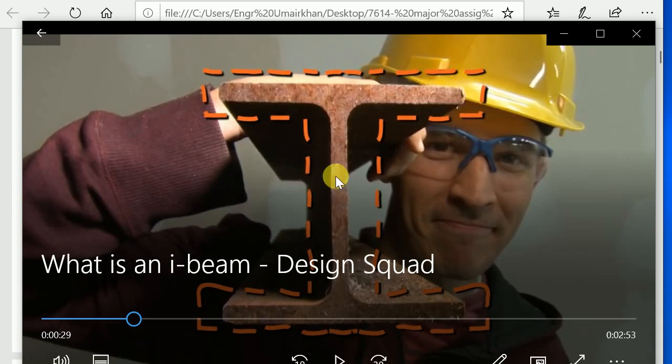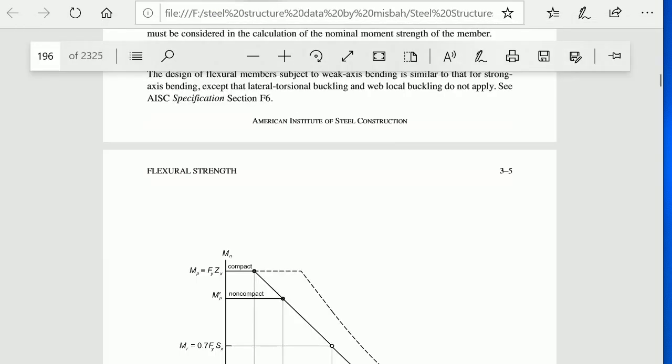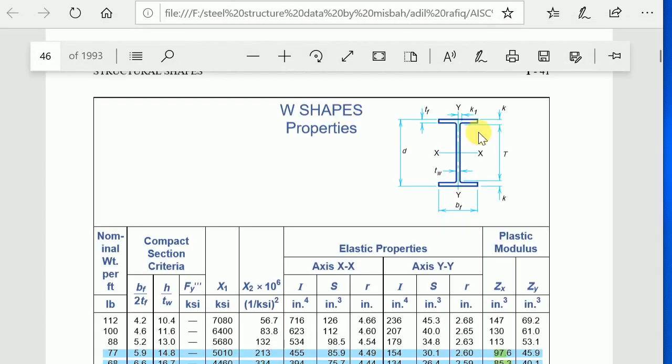If you see this in the manual, you see here the thickness of the flange, the width of the flange, bf, the thickness of the web, and the depth of the web.